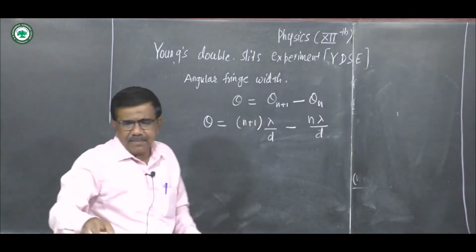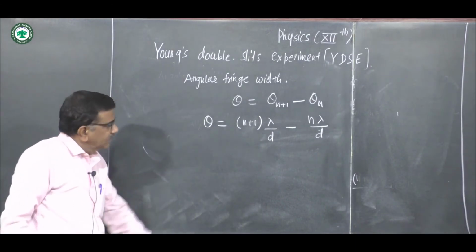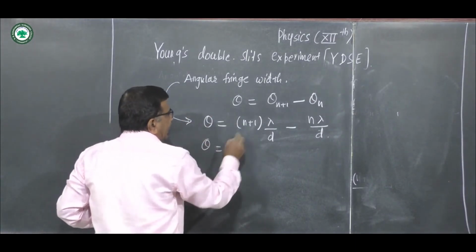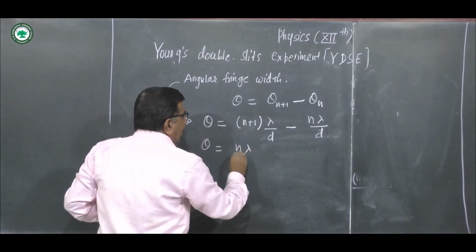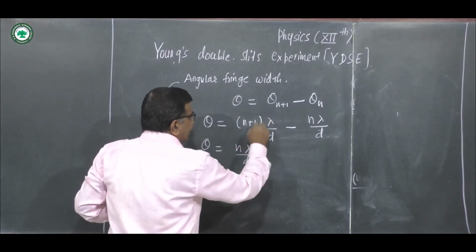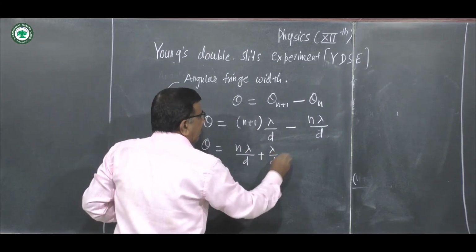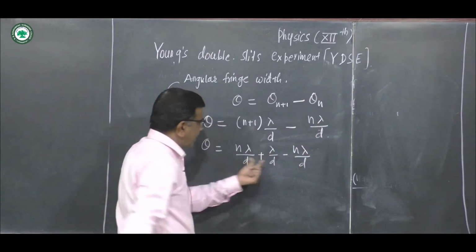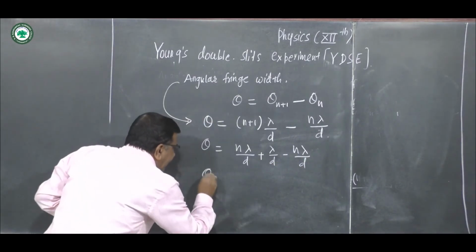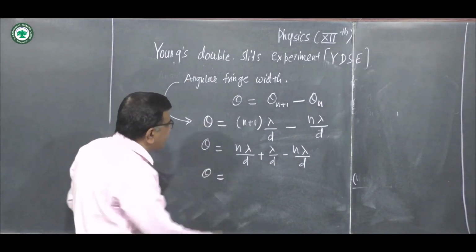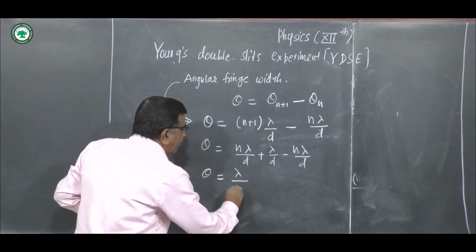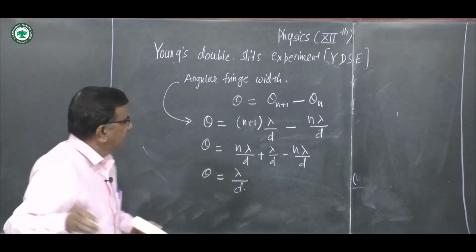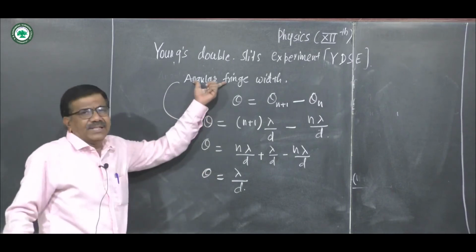So this angular fringe width theta will be n lambda upon d plus lambda upon d minus n lambda upon d. This plus and minus get cancelled, and we get the expression for the angular fringe width as lambda upon d. This is the angular fringe width.